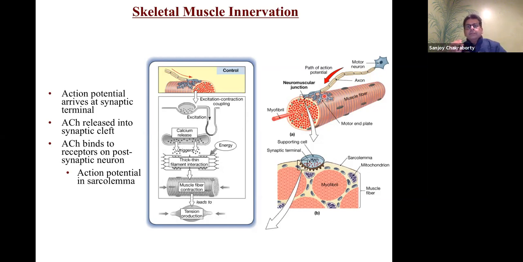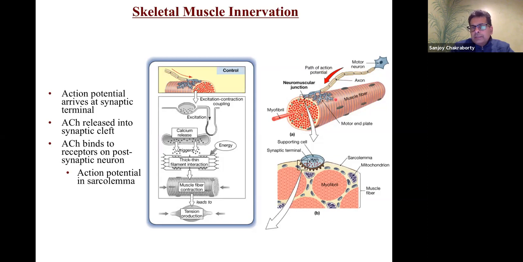The central nervous system has to send the signal. This red arrow indicates the signal coming. The signal, the fancy name, is action potential. Only when the action potential arrives from the central nervous system to the skeletal muscle can they work.